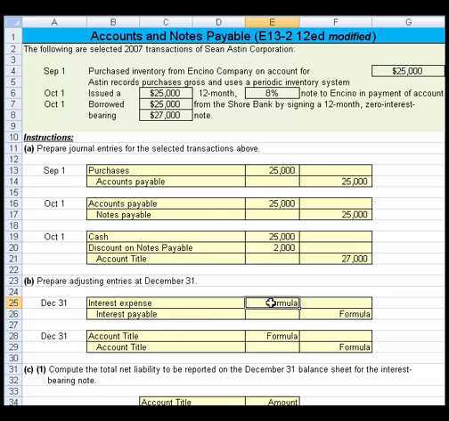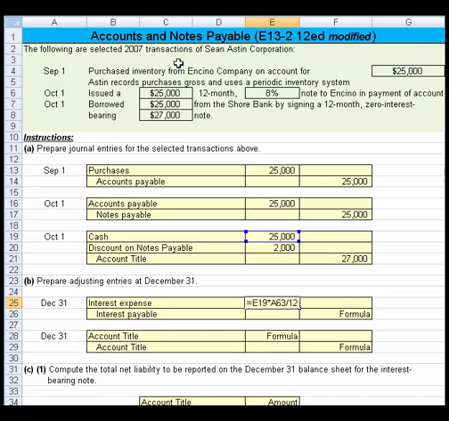Okay, so the interest amount would be equal to the $25,000 times the 8%, and we've got 3 months out of 12 to consider, so it's 3/12. Okay, and I made one mistake. A24 needs to be A6.